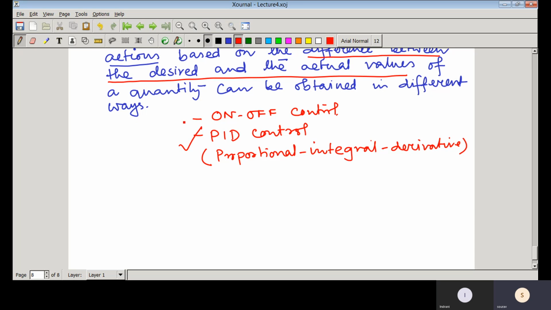Also, on-off control is the simplest form of feedback control, which has many applications, like in a refrigerator and in an air conditioner. So everywhere we use on-off control. Today we will discuss in detail how on-off control works.